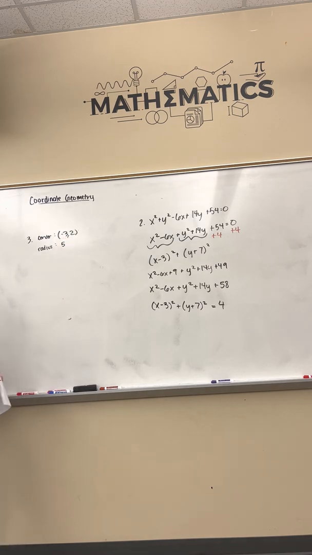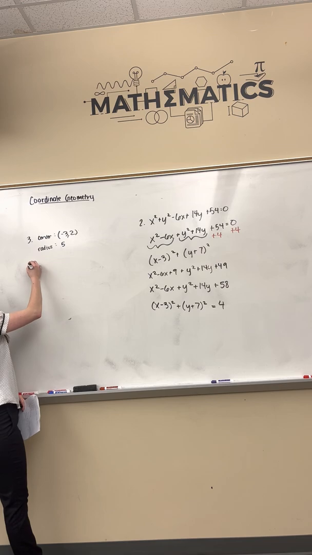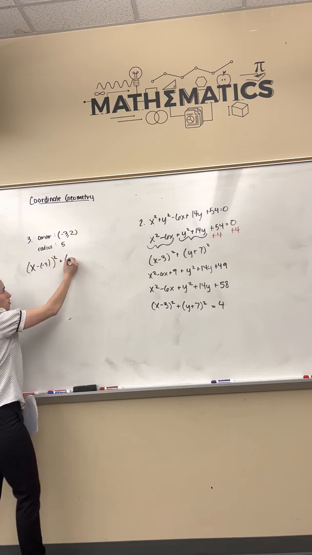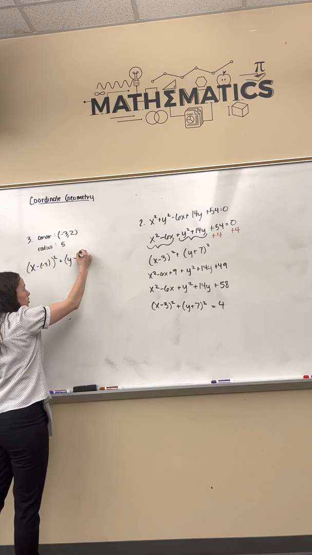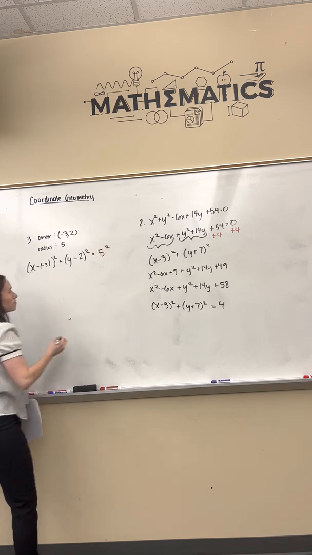So we don't really have to do a whole lot to figure this out. We go back to our standard form equation, which I hope you wrote down because I erased it. And it says x minus h, which is negative 3, plus y minus k, which is 2, equals your radius squared.